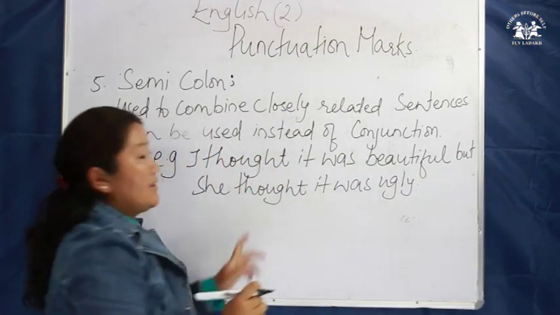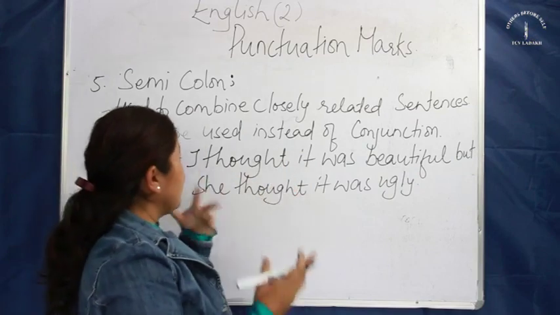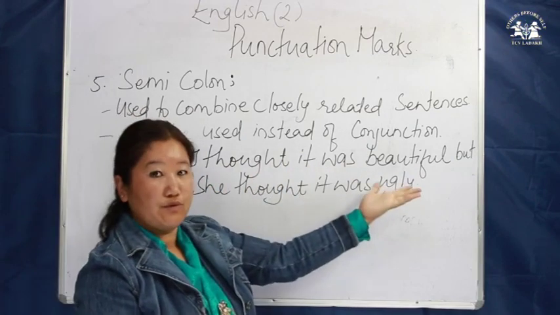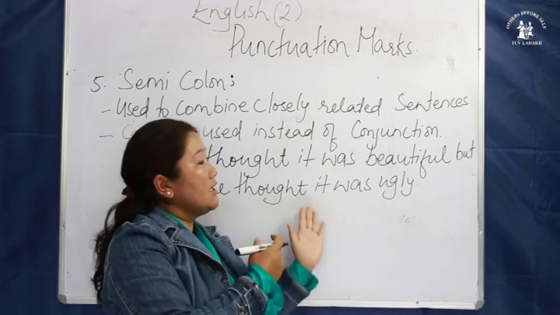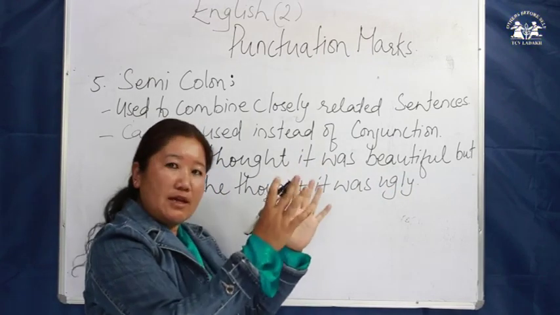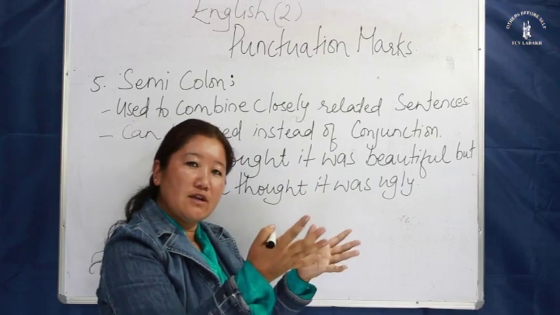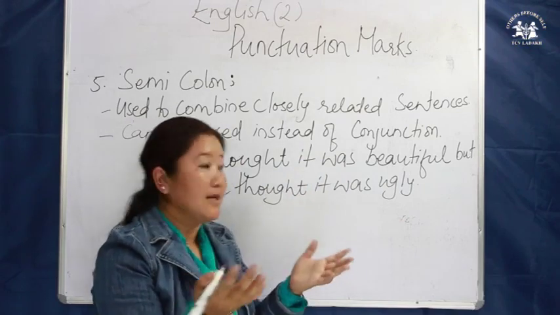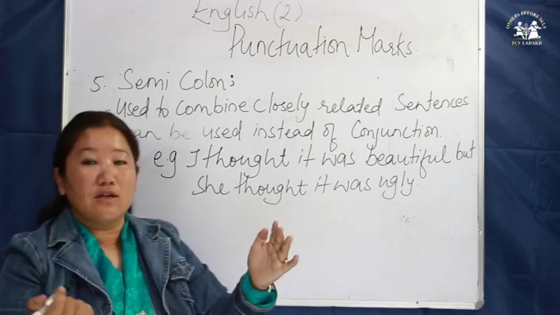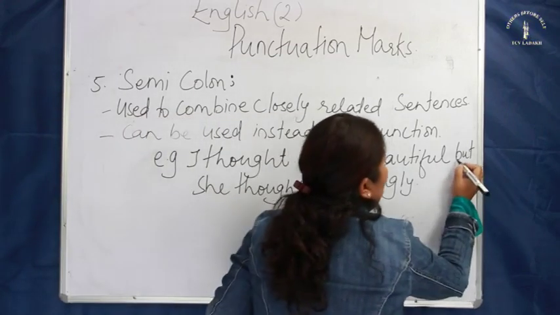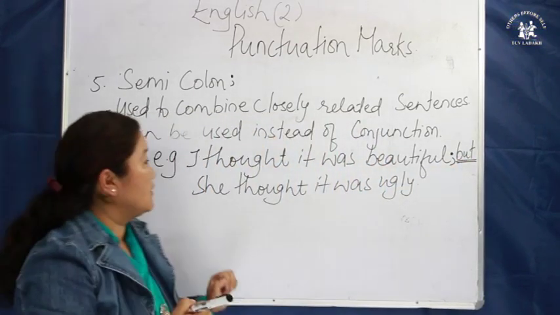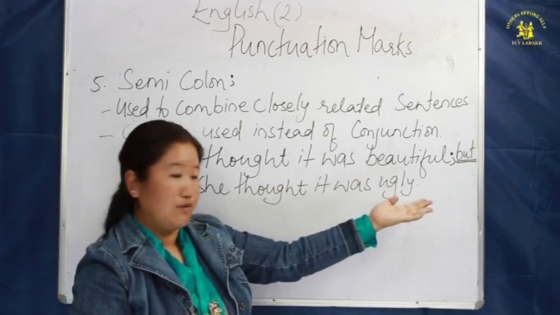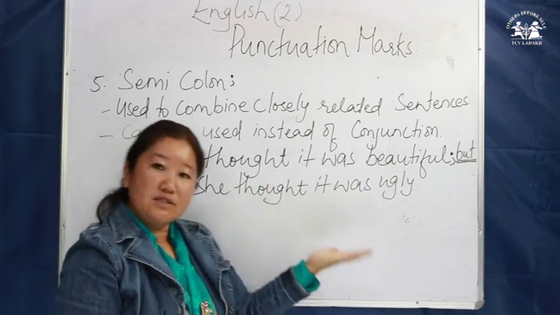Now in this sentence, you have two different sentences: I thought it was beautiful and she thought it was ugly. This sentence is talking about one particular girl and two different opinions. So a semicolon can be used over here instead of but. You can say, I thought it was beautiful; she thought it was ugly.